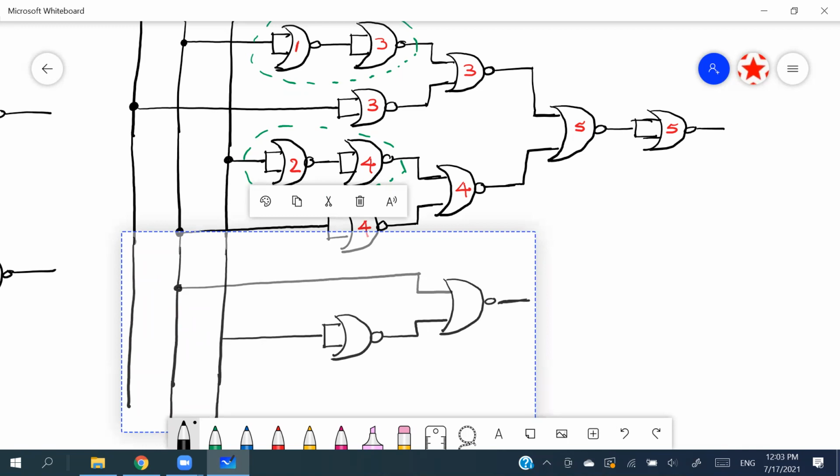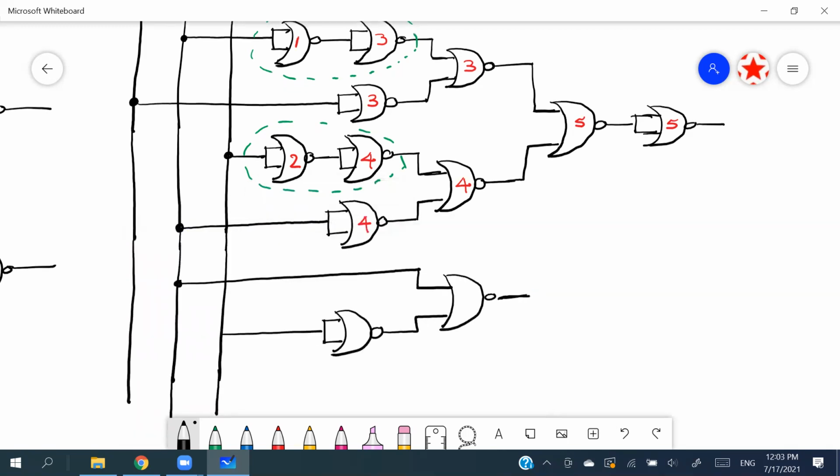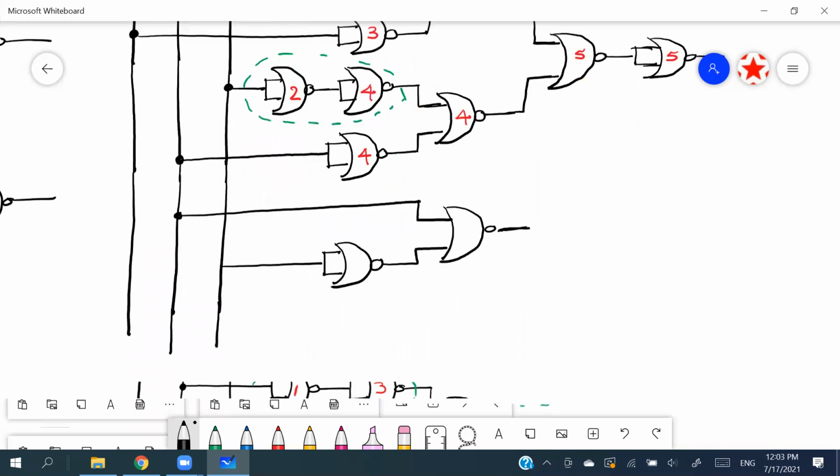Oops. Right, so the lower part goes the same way.